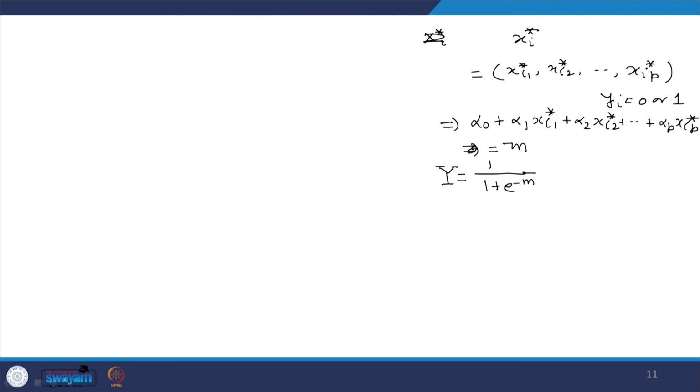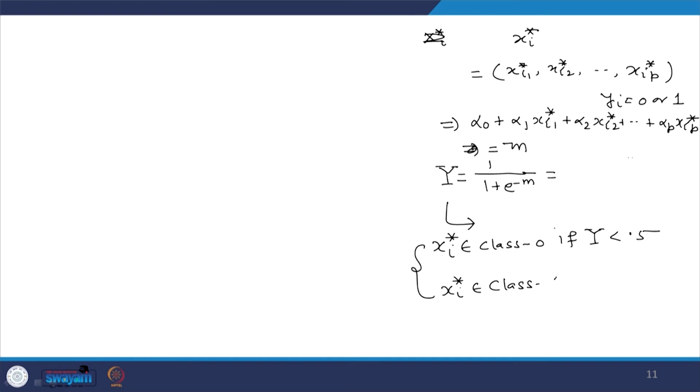Now, this y will be a value between 0 and 1, and then the pattern x i star, whose class I do not know, belongs to class 0 if this y value is less than 0.5, otherwise x i star belongs to class 1. So, based on this value you can make the prediction.